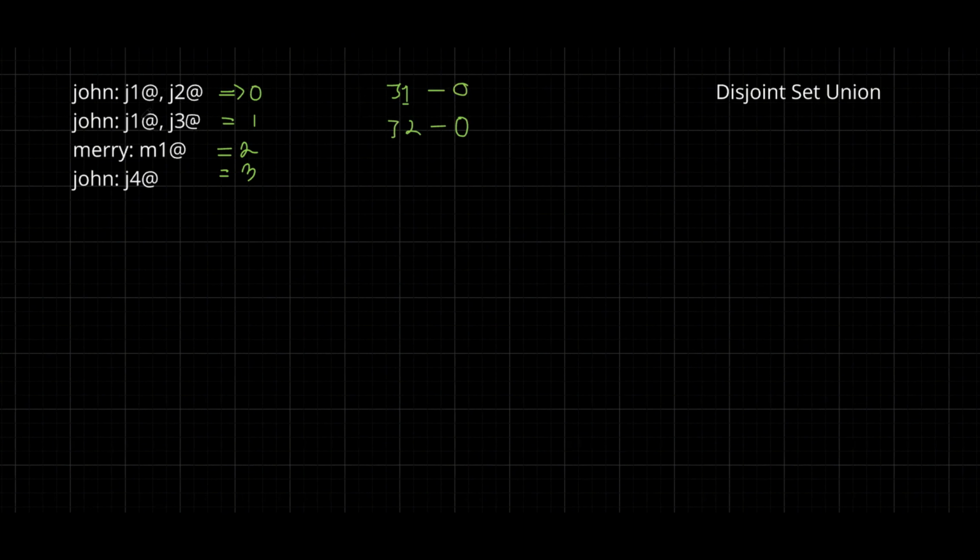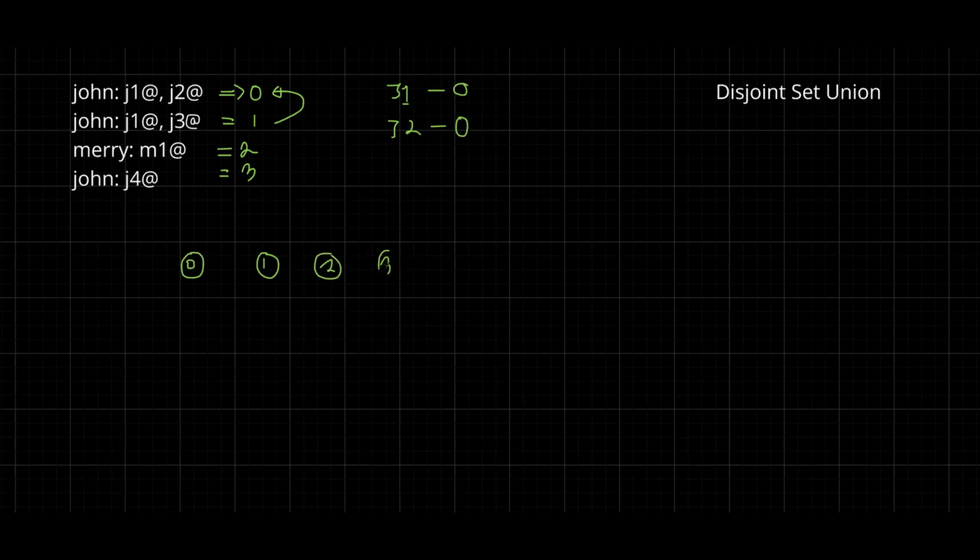Now, for this j1, it is already present in the map. So we can say that this 1 can be attached to this 0. According to the definition of the disjoint set, every node is the parent of itself first.